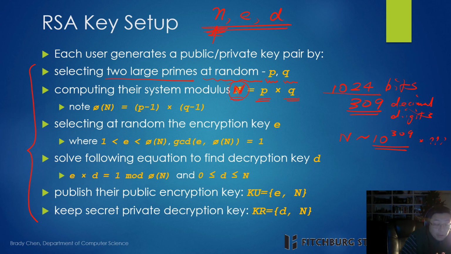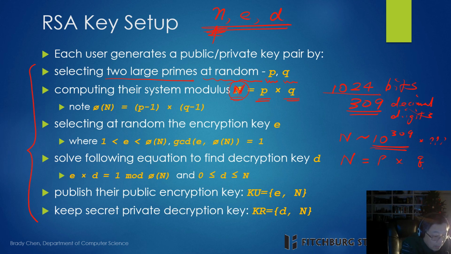They should be different, but let's assume they are about the same size. So we can write n as two numbers, P and Q, and the multiplication should be about 10 to the 309.